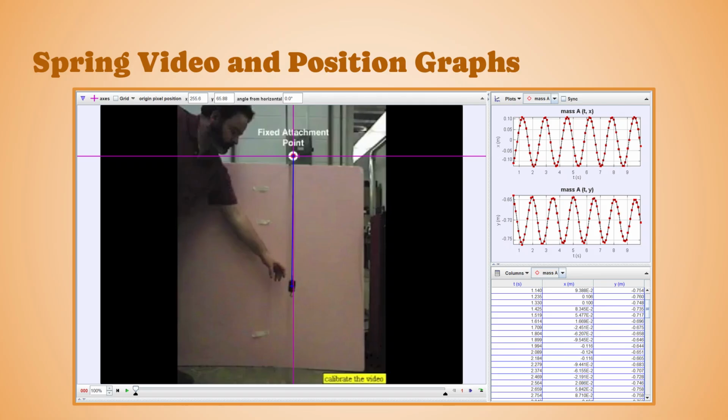On the right, you can see the two graphs of position across time for the mass, and this includes both x and y position, and below that you can see a table of x and y position across time, which is unnecessary in this experiment but was still shown in Tracker.